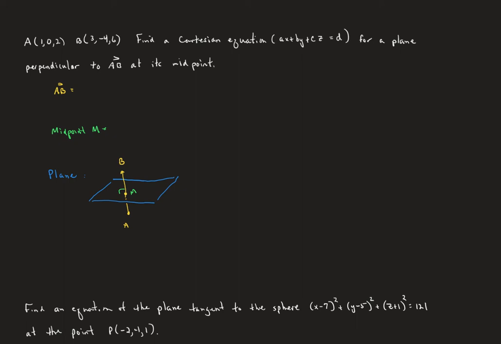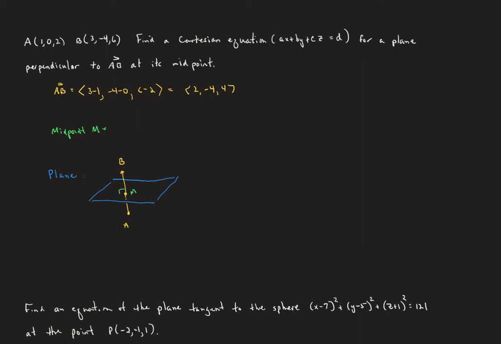To figure this out, we're going to need vector AB, which is tip minus tail. So we'll go 3 minus 1, negative 4 minus 0, and 6 minus 2. So that's going to be 2, negative 4, and 4.